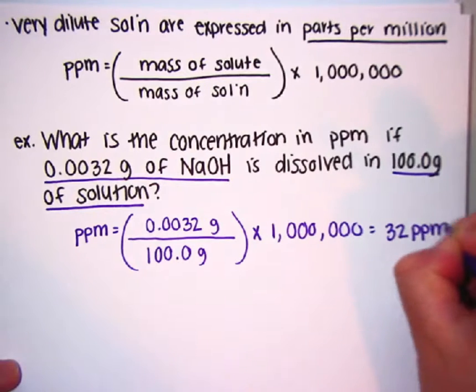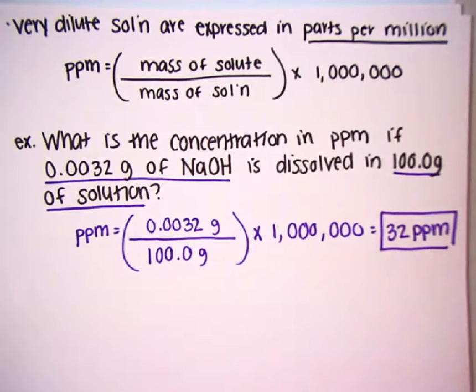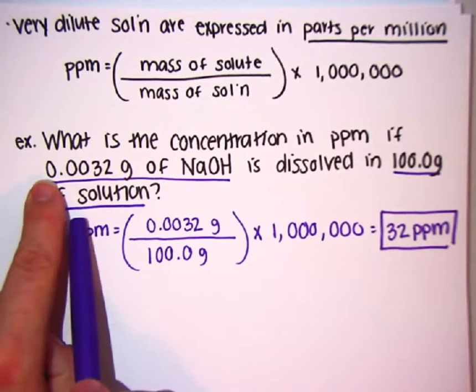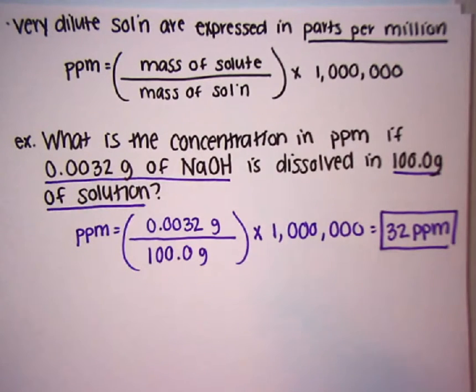That gives 32 parts per million. We always want to check significant figures. Leading zeros are not significant, so 2 significant figures, so my answer has 2 significant figures.